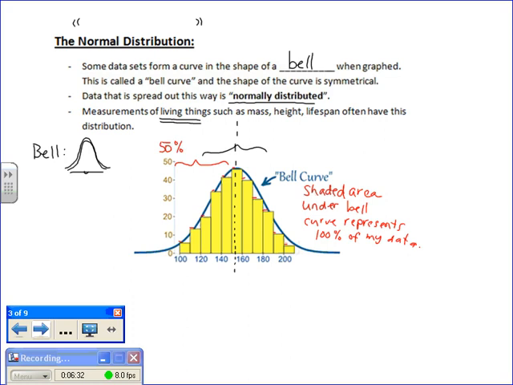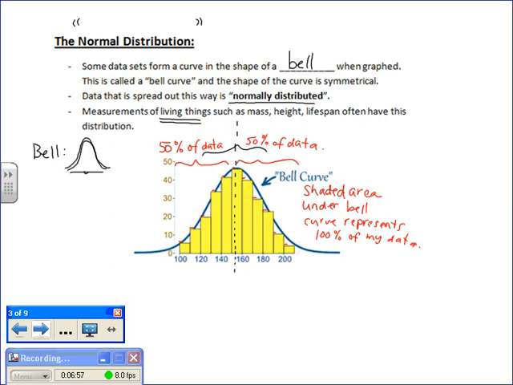So 50% of my data is to the left, and the other 50% of my data is to the right of the middle. And I can say that's true because this bell curve is symmetrical. So if I divide it in two, half of it is on the left and half of it is on the right.